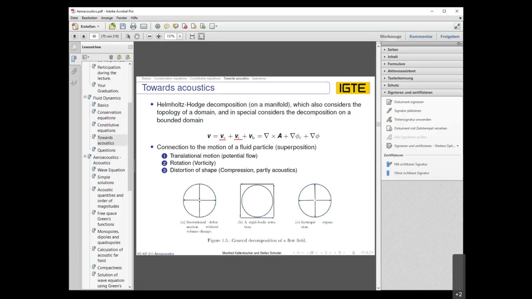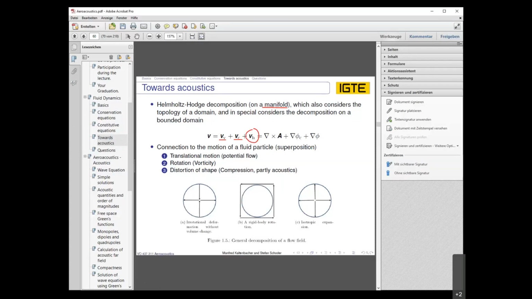If we now do it on an interesting word, manifold, which means that we have whatever shape of the domain, we get a third part, which is the potential flow.